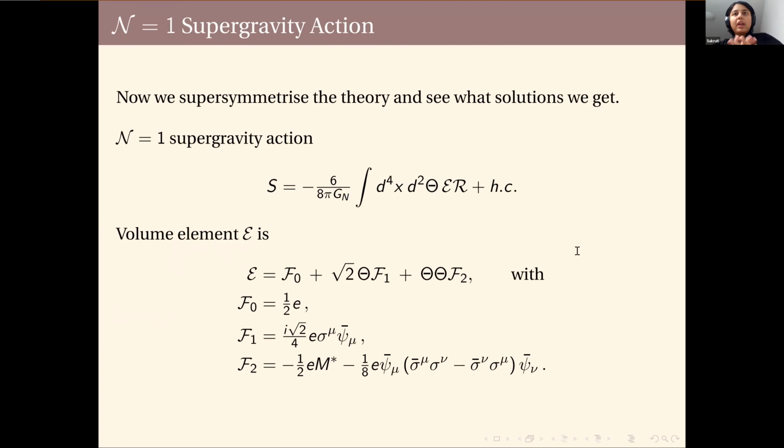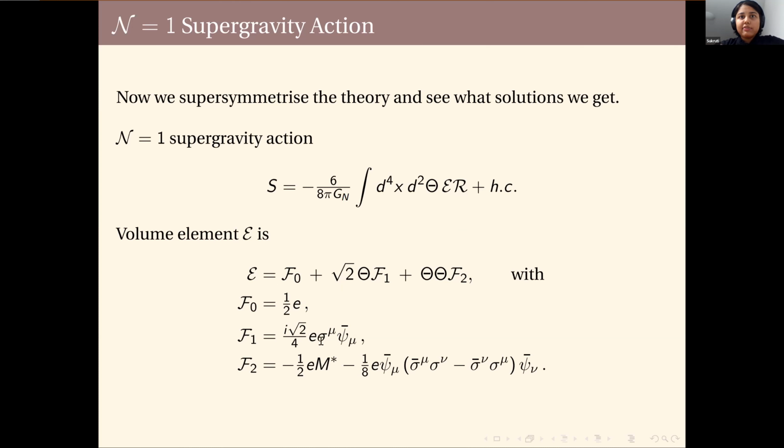Now, unimodular supergravity works somewhat similarly. We start with the simple N equals 1 supergravity action. Here, this epsilon is the volume element superfield. It has these components, F0, F1, and F2. And there is this chiral superfield R. Now, F0 has this field, the Vierbein e.